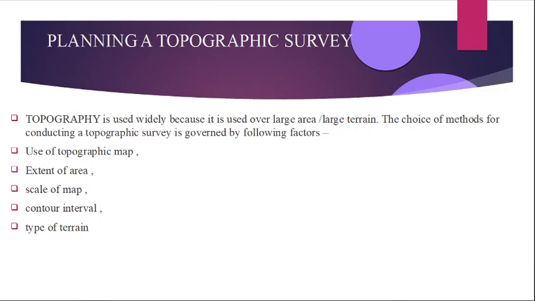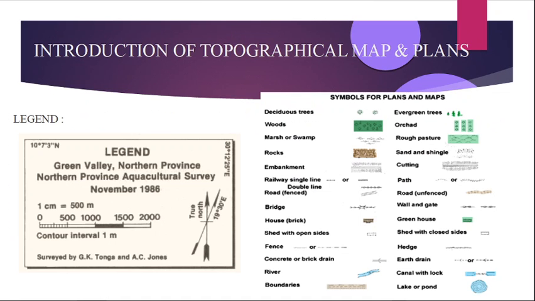For a given type of map, contour interval depends upon the extent of survey, type of terrain, scale of map, etc. Now, let's take a look. Here the given contour interval equals 1 meter. So the vertical distance between two consecutive contours is the contour interval, which is 1 meter. The smaller the contour interval, the more refined should be the field methods.